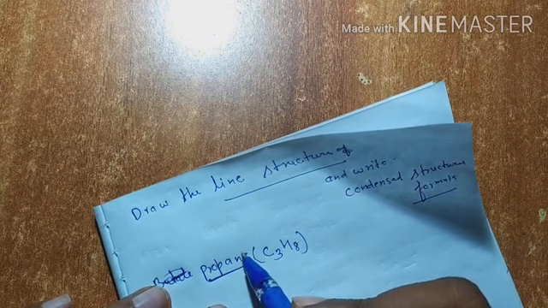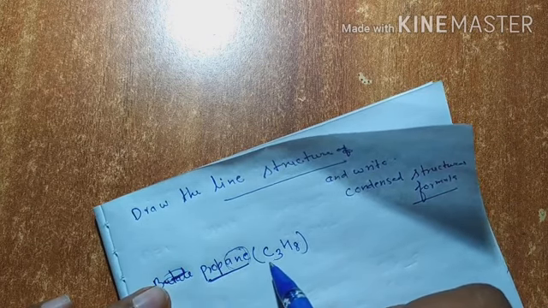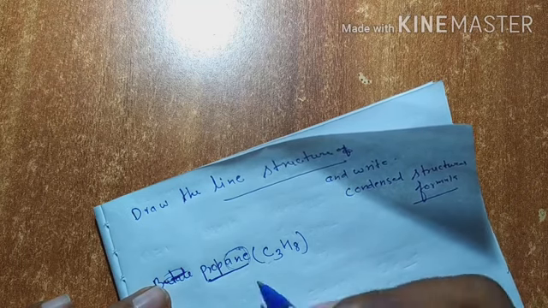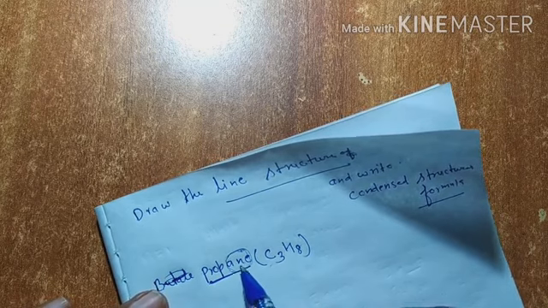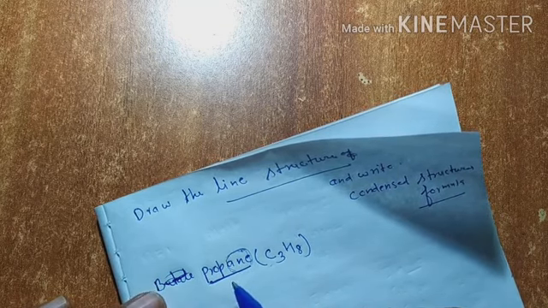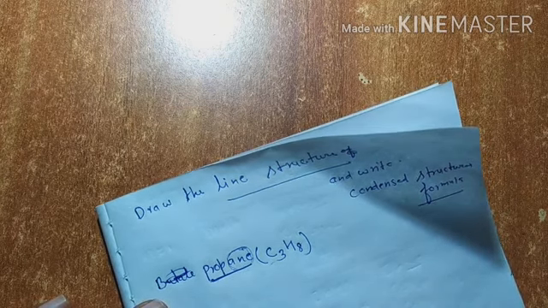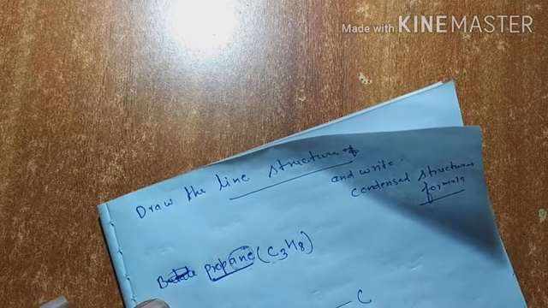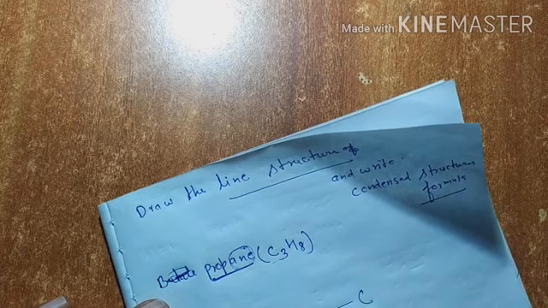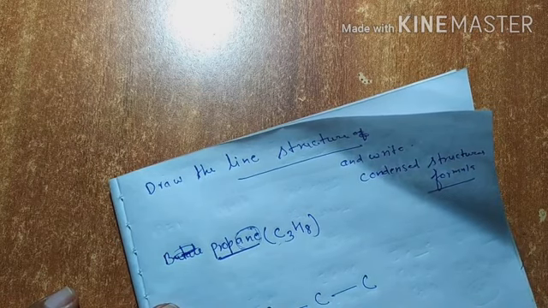Since the suffix is ane, there are total 3 carbon, and it is confirmed that there will be single bond between carbon atoms. So put 3 carbon, 1 2 3, put a single bond in between carbon atoms. Listen, in front of you I am going to do some mistake, then I will rectify my mistakes so that you can understand.